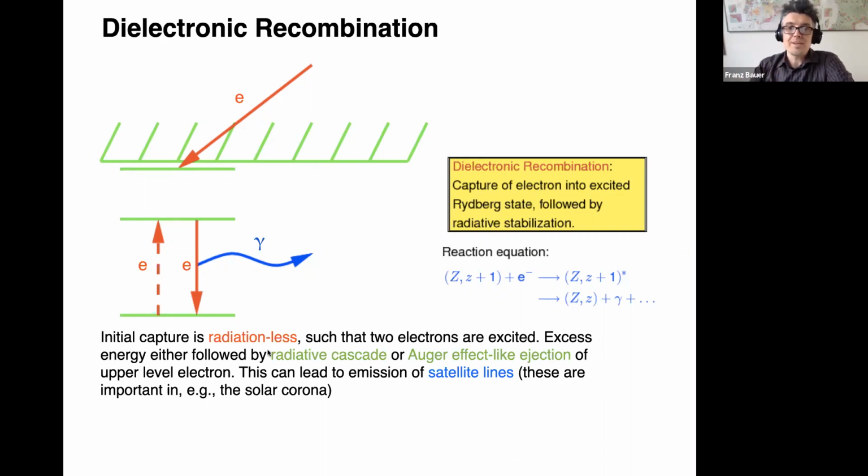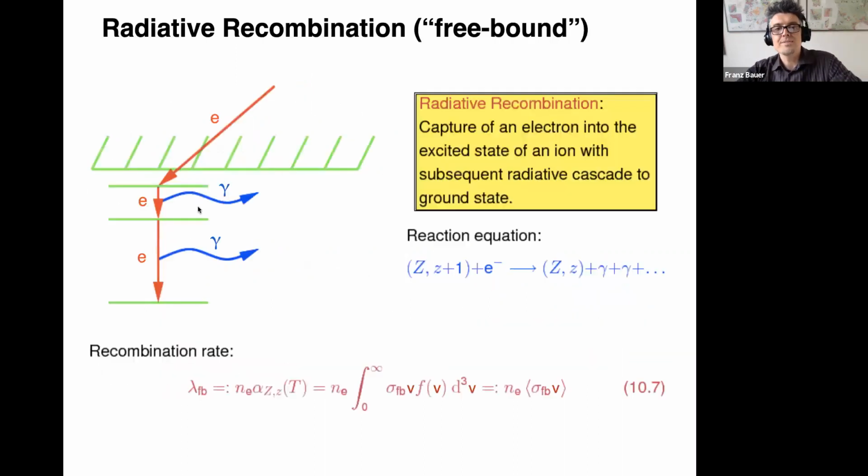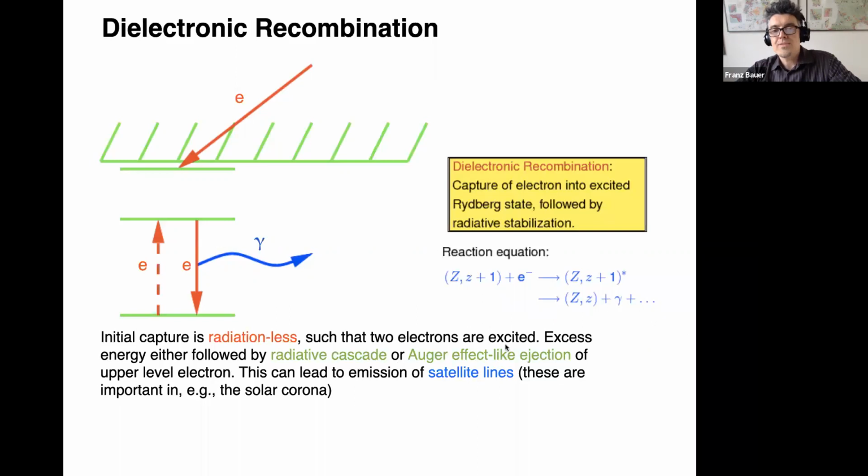So the initial capture is radiationless, and you then end up with an atom which has a non-ground state, or has some extra energy that it's holding, and you have to wait for the decay rate for that particular transition to occur, which might be seconds, it might be hours, whatever. And so you could then get a cascade. You could get a single transition back, which would release a photon, or you could end up getting a cascade of photons like we had here. Or you could have an Auger-like effect, so you could actually eject an electron later on too.